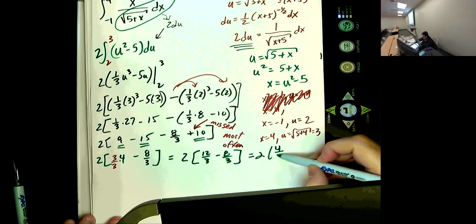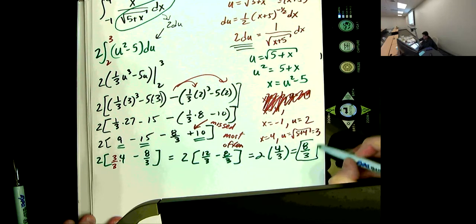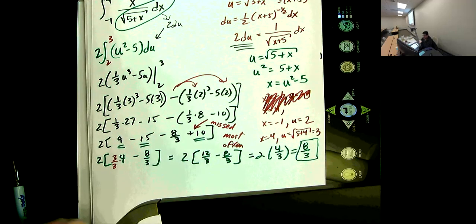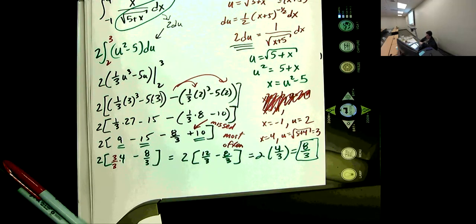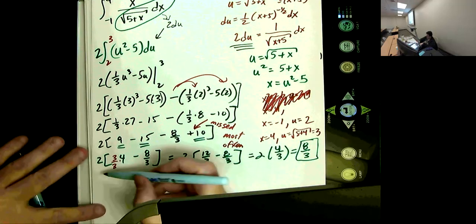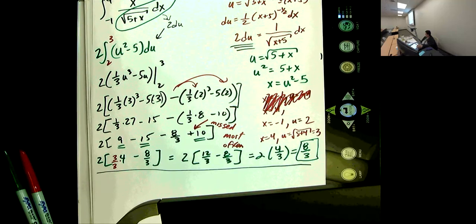Three times 4/3 is 8/3. So that's a tricky one. Right? Very tricky.